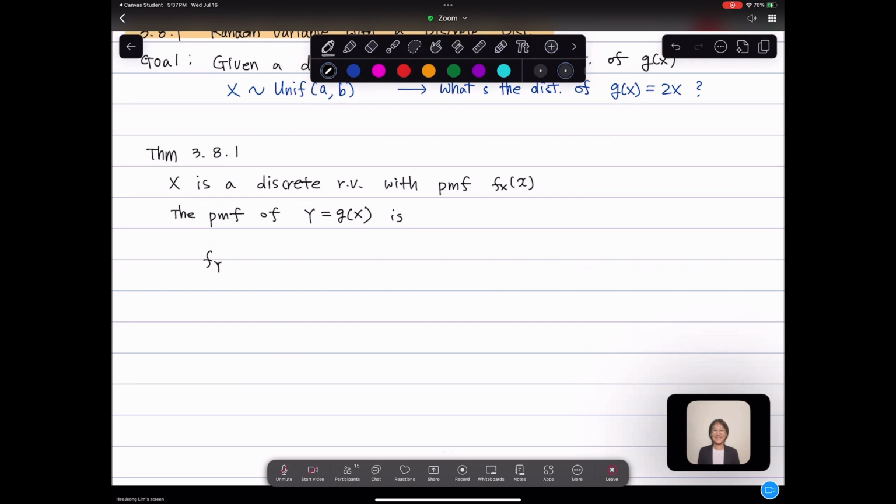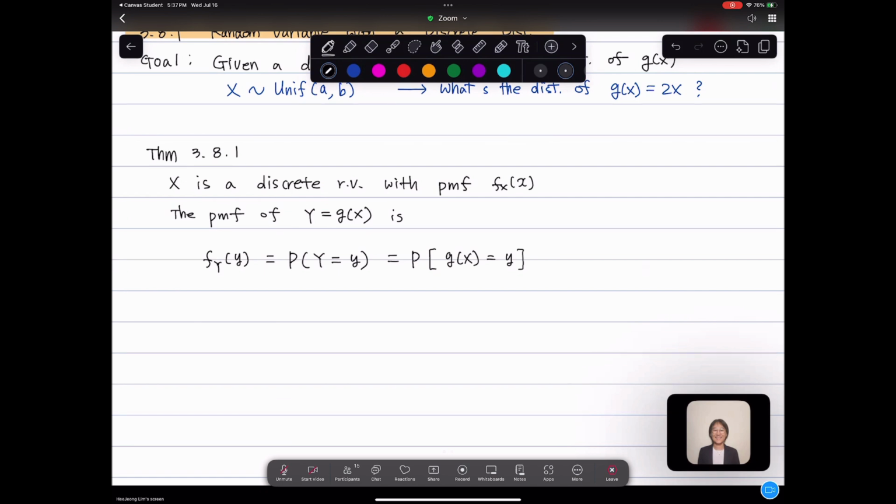So this is about the random variable y. By definition, this is the probability that your y variable takes a number small y, which means the probability that your y variable, a function of x, g of x, equals some number y. So this is a probability mass function for a function of x.